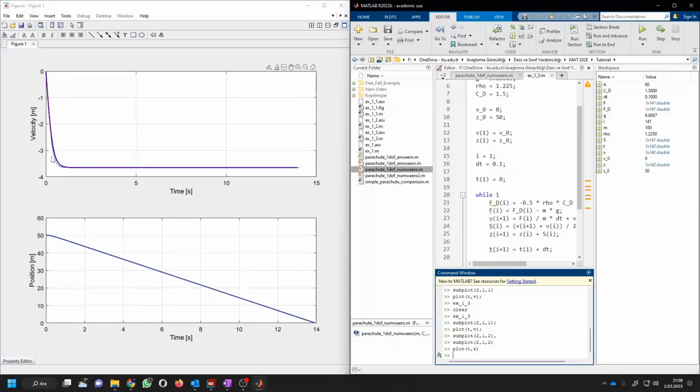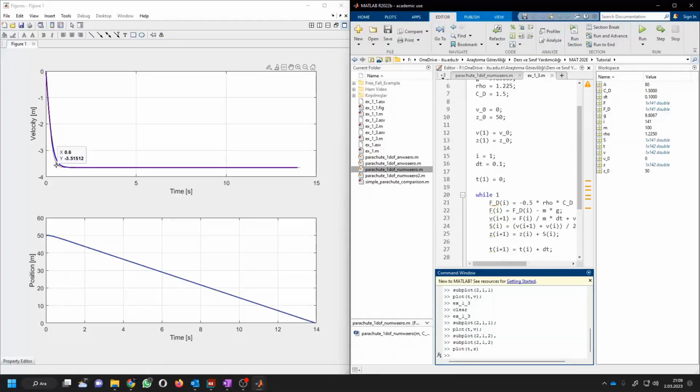So you see that if I increase the delta t value, I'm getting away from the analytical solution. If you remember the definition of Euler formula, the Euler formula was a truncated version of the Taylor series, right?